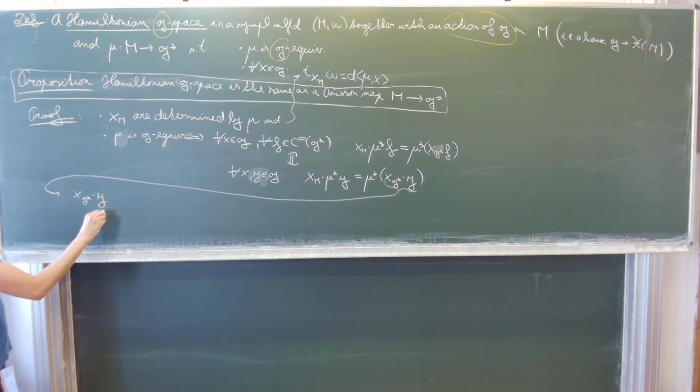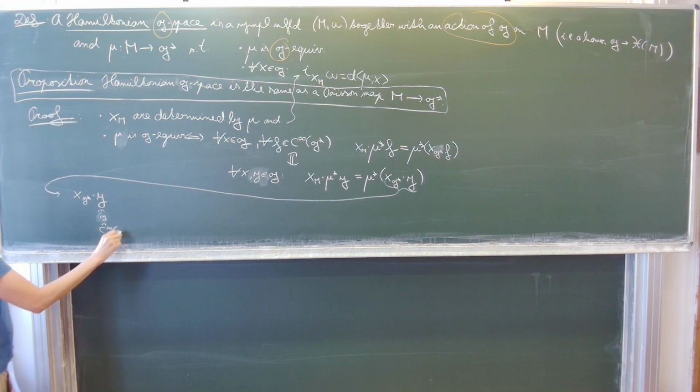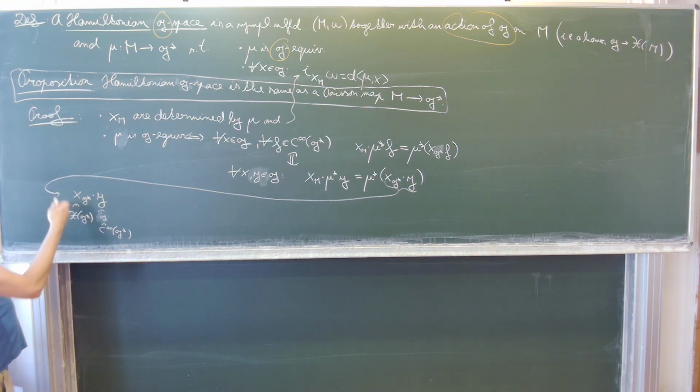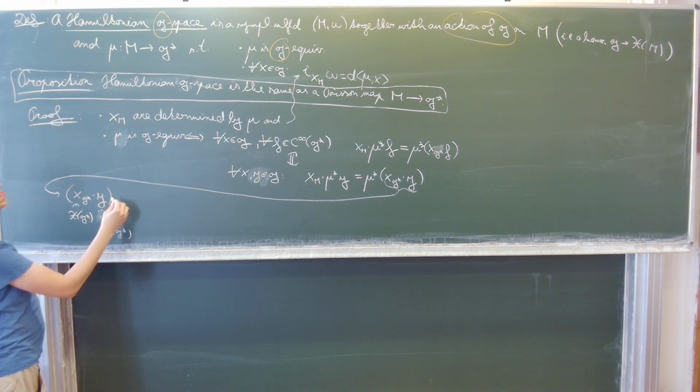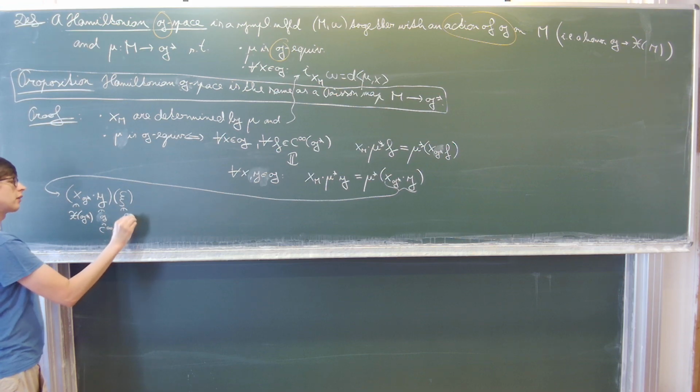So this thing, remember, is an element of G, which is in particular a linear function on G star. And this thing is a vector field on G star, given by the coadjoint action. So what is this? I get a function again, a function on G star. So let me evaluate that function at a point xi in G star.